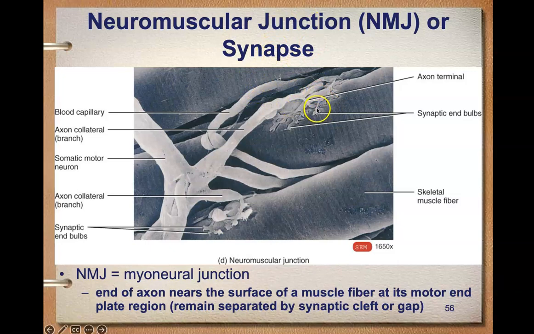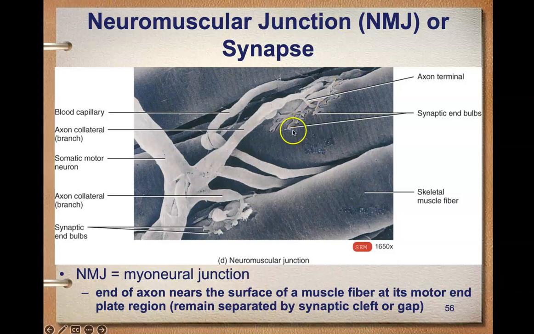Now, believe it or not, this synaptic end bulb actually isn't in direct contact with the sarcolemma of the muscle fiber. There's a little bit of a gap, and you can see that slight gap here. We call that gap the synaptic cleft or the synaptic gap.